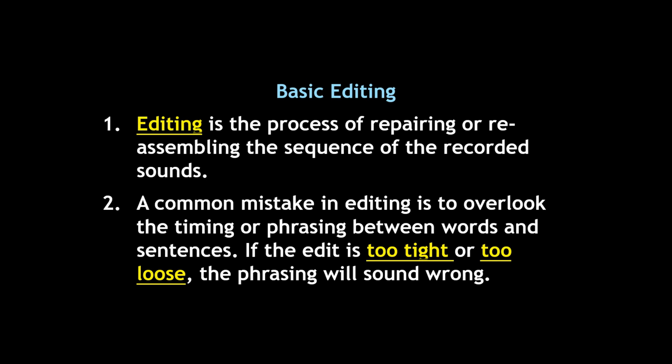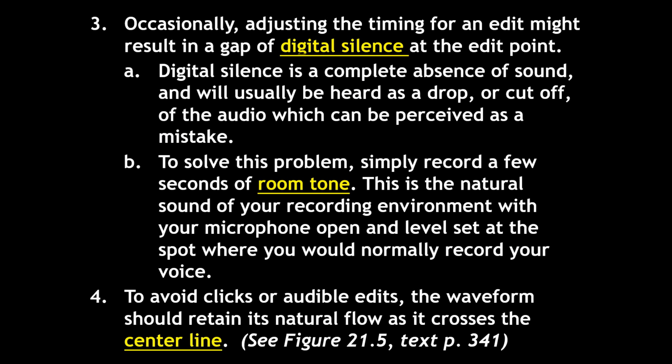We expect our breaks in between thoughts to be a certain length, in between certain sentences to be a certain length. And if we're not careful to be conscious of that when we're editing, we could wind up with a finished product that does not sound natural. And it's going to ruin the entire scope of the recording because people will hear it and basically react thinking we sound weird. So you want to be very conscious of that when you're doing editing.